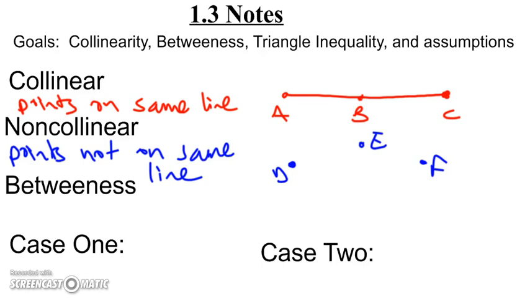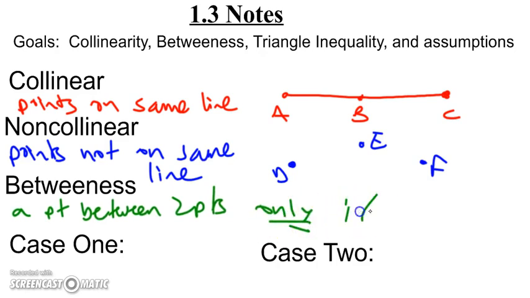And betweenness is a case where you have a point that is between 2 points, but only if collinear, which in our case we could say that E is between A and C because it is on the same line as A and C.